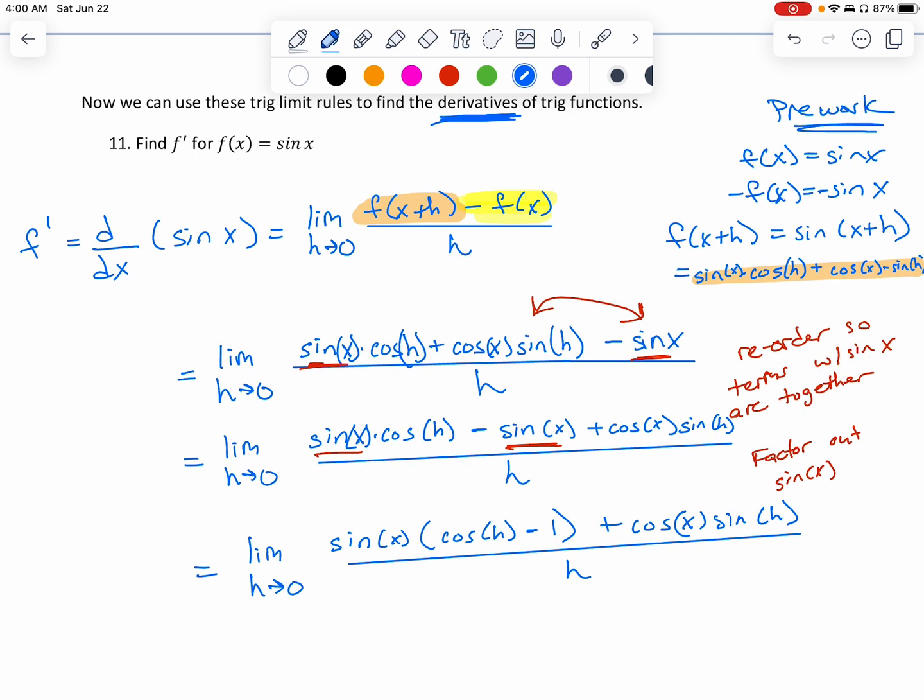But in the same step, instead of writing it all over h, I'm actually going to decompose this fraction and put this part over h and this part over h and make it two separate fractions. So I factored out the sine of x, and I'm also going to decompose it.